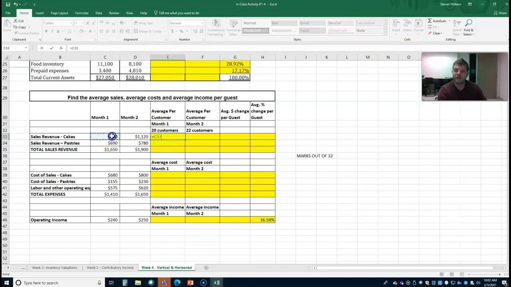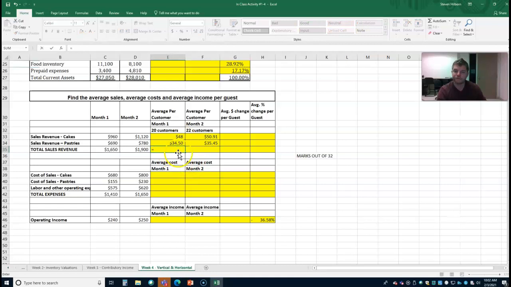So month 1, it's 960 divided by 20 customers. Same thing with your pastries, divided by 20 customers. And then for the averages for month 2, it's this number divided by 22 customers, and same thing, 780 divided by 22.